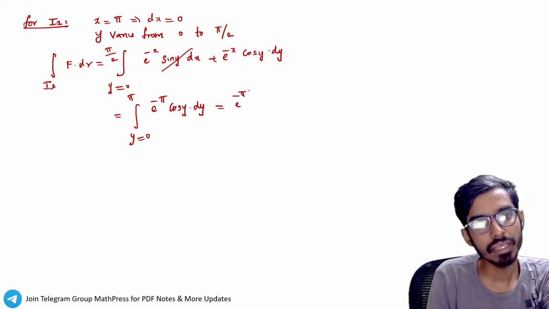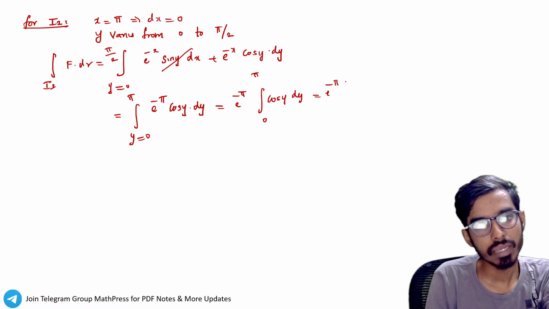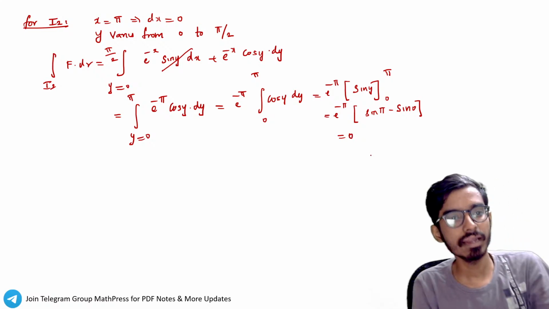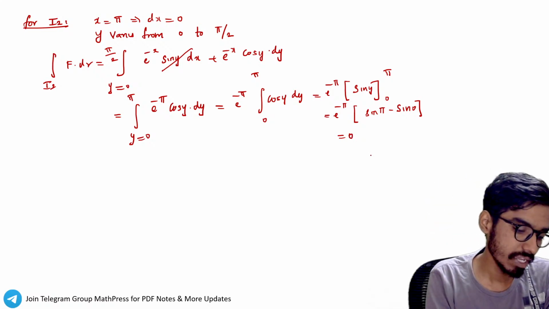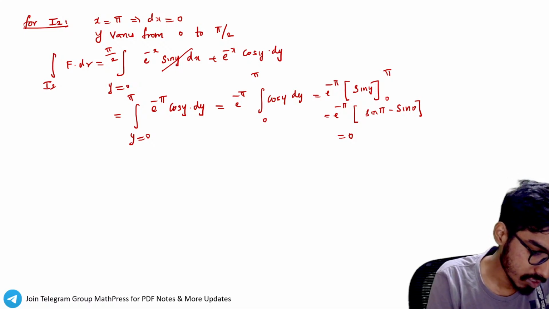So e power minus pi is constant, and the integration of cos y dy is sin y.